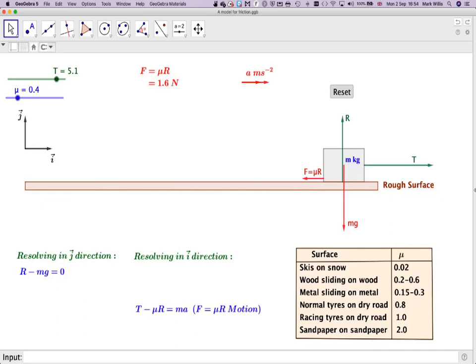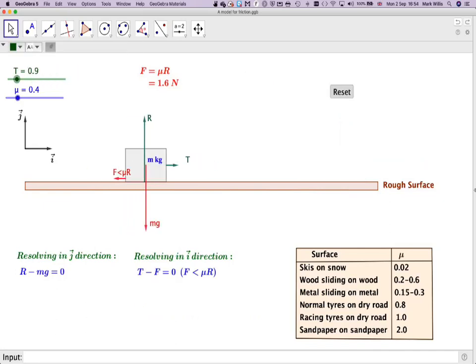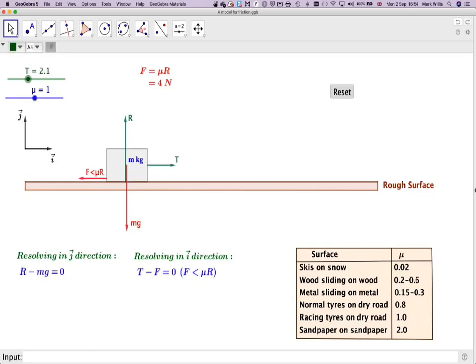We'll have motion. We can reset using this button here, and then you'll need to put back the tension force here. Maybe just reset again. Okay, so you can have different values. If we let mu be 1, then you're going to need a lot more force before it actually starts moving. You're going to have to get up to 4 newtons. And there we go, then we have limiting friction.